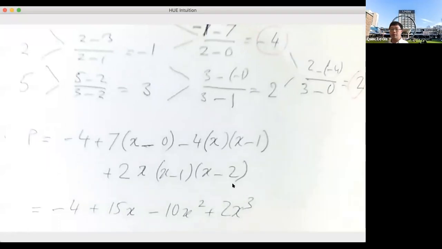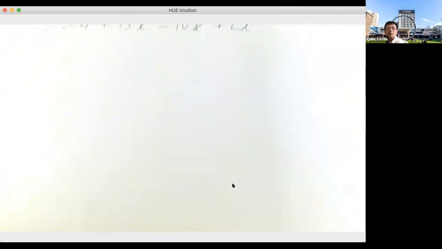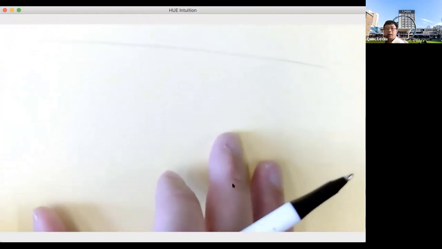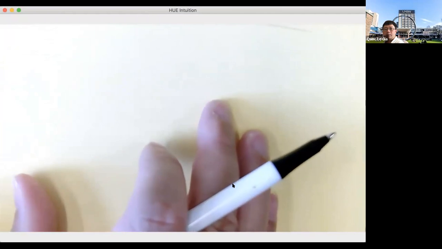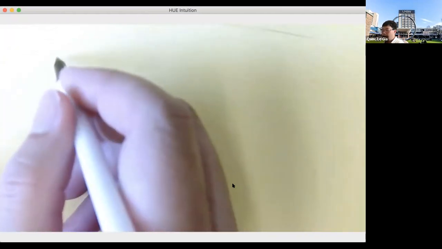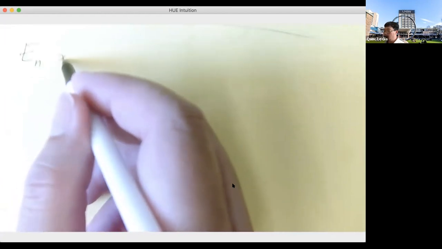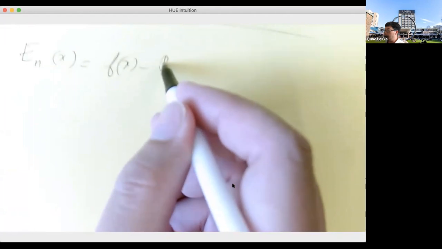Number 3 is about the errors between the interpolation and the function. And if you remember, the error is defined to be f of x minus Pn of x.